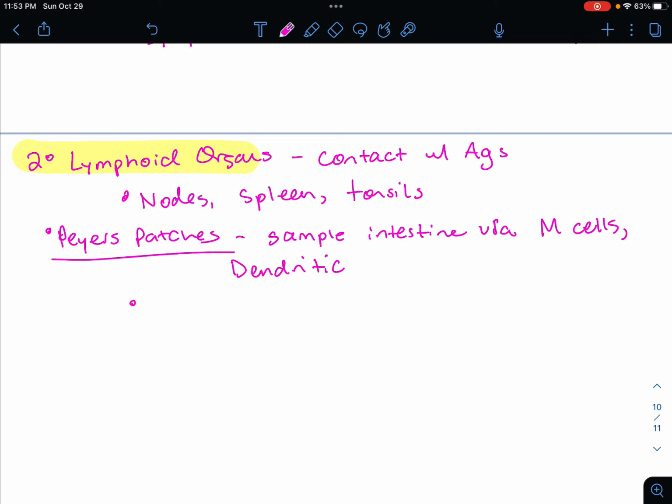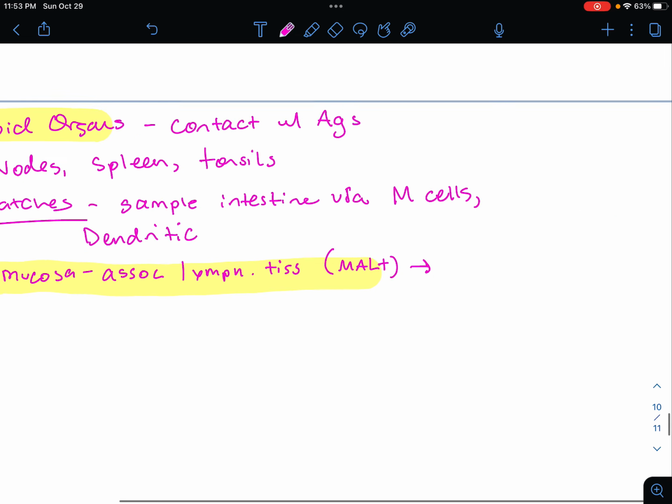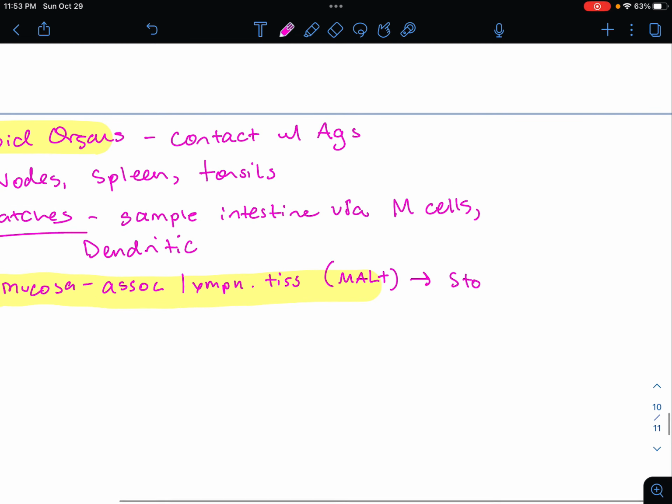We're going to also have something called the mucosa-associated lymphoid tissue, or MALT. That's again one of our abbreviations. So this is going to actually stop microbes by the mucous membranes.